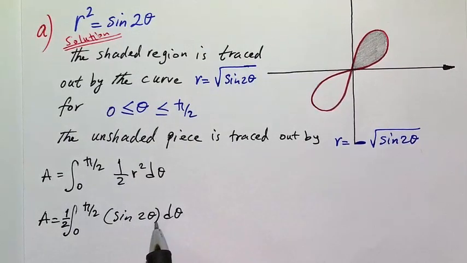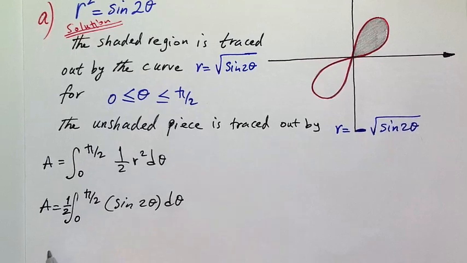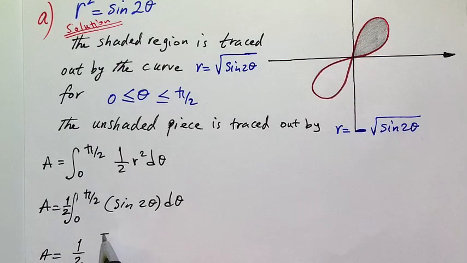In case you're wondering, I didn't need the parentheses, so I could have just said sine 2 theta. Okay, so we can integrate this right away. We get 1 over 2 times the antiderivative of this, which would be 1 over 2 theta minus 1 over 2 cosine 2 theta.